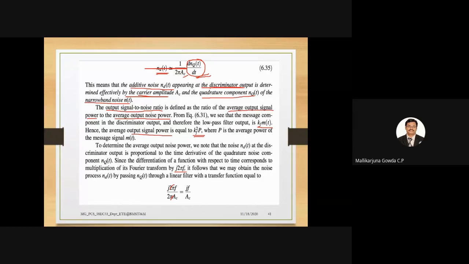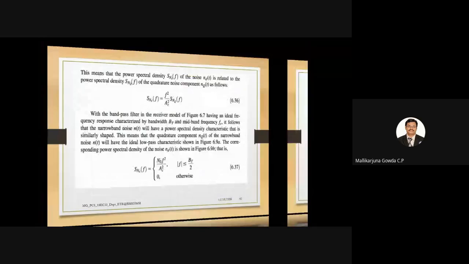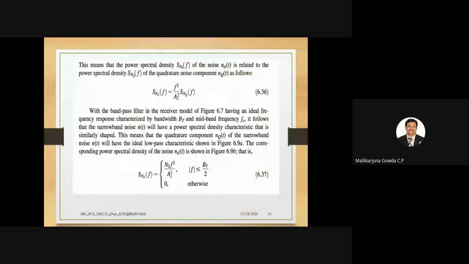That is what the noise component is. So the power spectral density of the noise appearing at the output of the discriminator will be related to the power spectral density of the quadrature component of the noise.